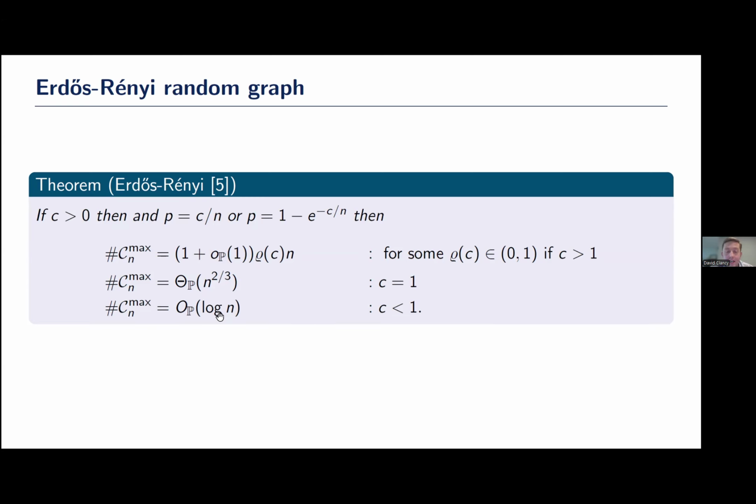Whenever c is less than 1, the largest component is of order log of n. Whenever c is exactly 1, the largest component is of order n to the 2/3. And in both the c less than 1 and c equals 1 cases, essentially all the finitely many largest components are going to be of these orders. But whenever c is strictly bigger than 1, there's a unique giant component that is of macroscopic size.